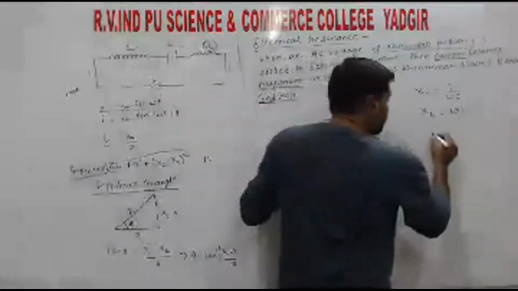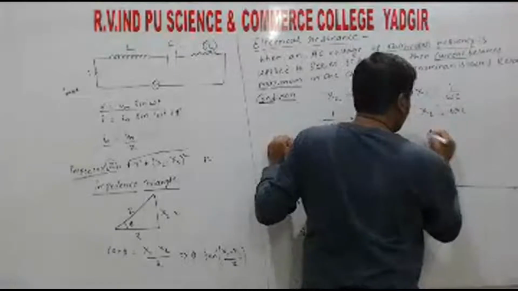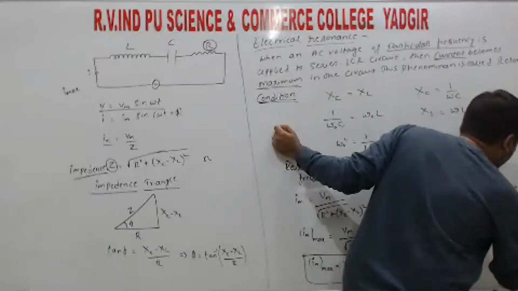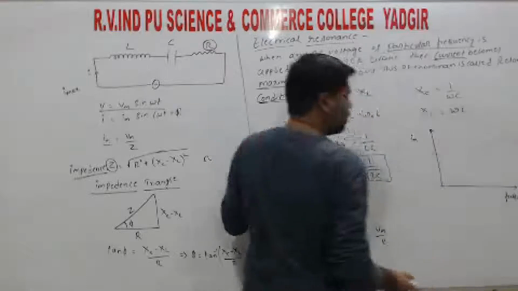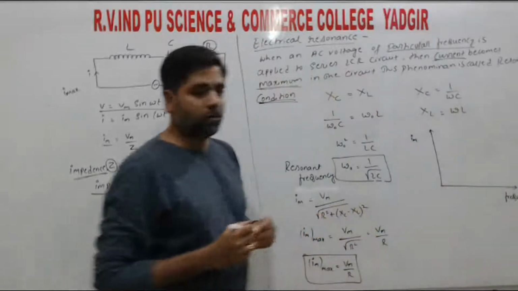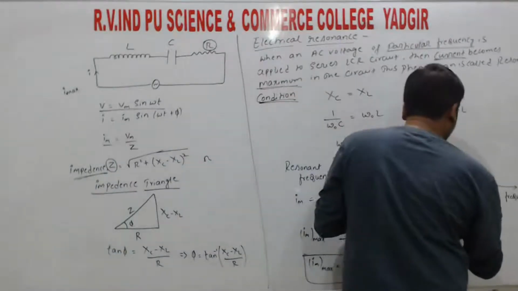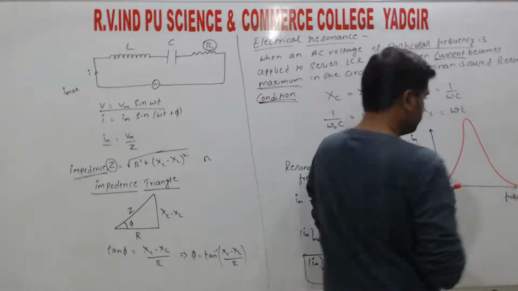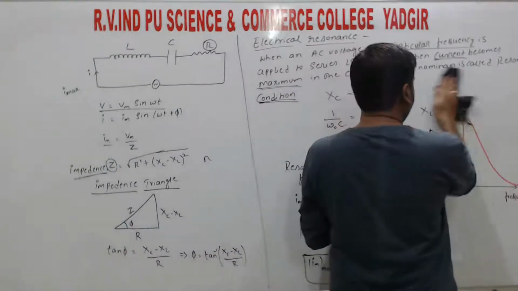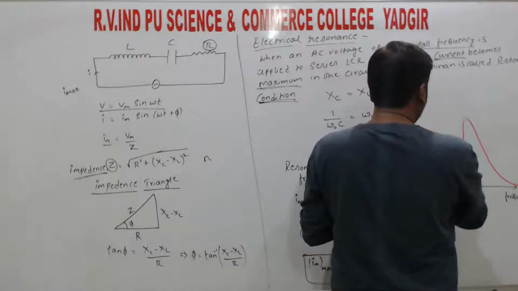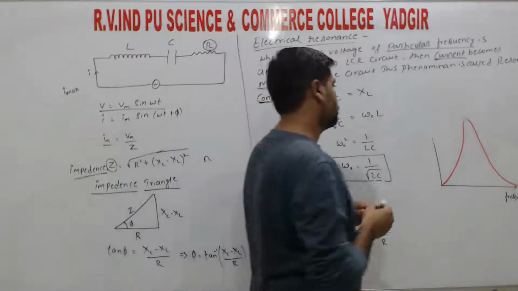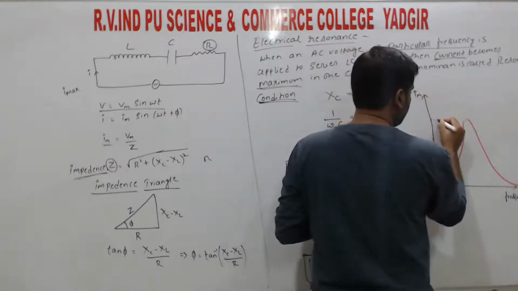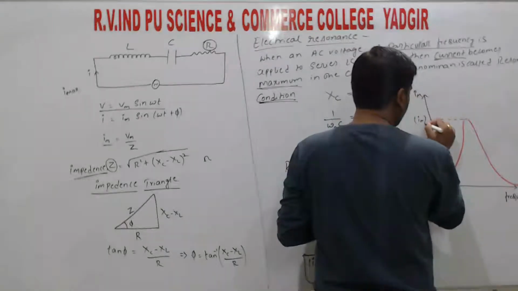So if we plot the curve for Im versus frequency omega, this is what Im max.